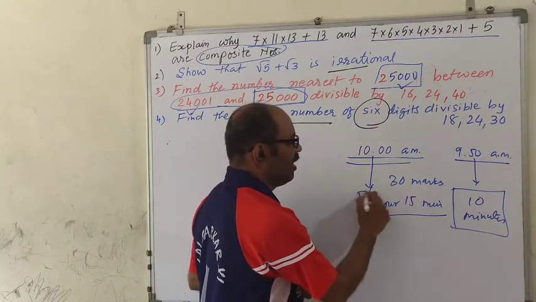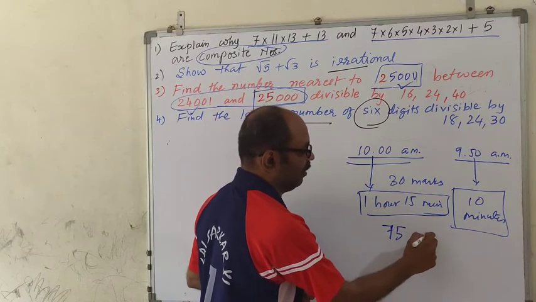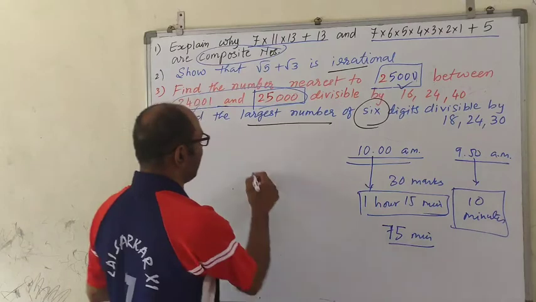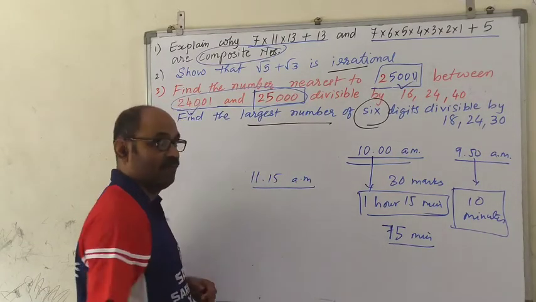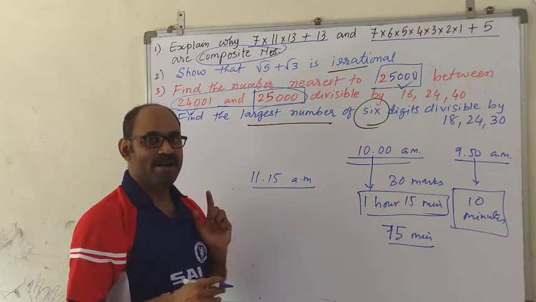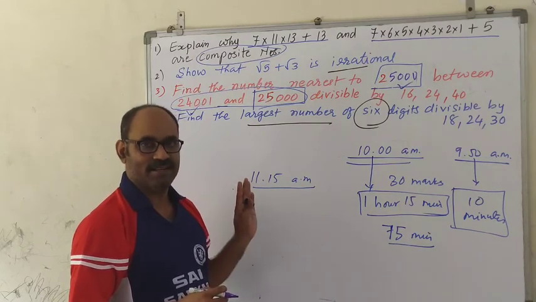So 1 hour 15 minutes means 75 minutes in all. So your test gets over at 11:15 a.m. Put your pen down as soon as it is 11:15.